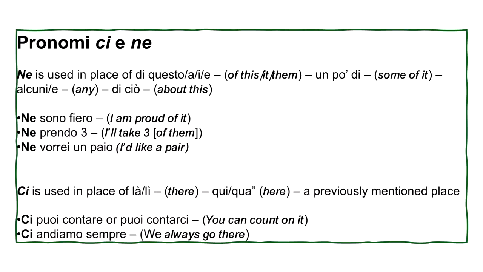And you say to me, oh, so do I. I always go there too. Okay? And in Italian you would say, io vado sempre in Italia. And the other person responds, oh, ci andiamo sempre. Or, well, the other person would say, ci vado sempre. Ci vado sempre. Or if it's more than one person, they would say, ci andiamo sempre. And the ci replaces the place that was previously mentioned.